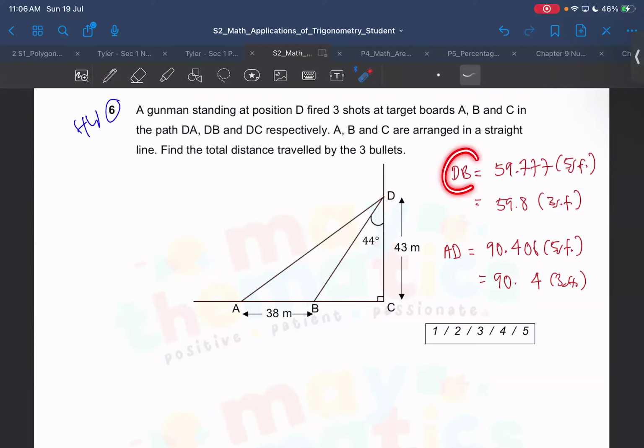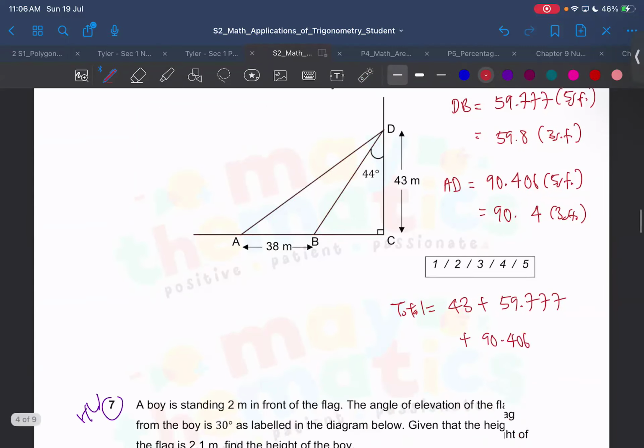Okay, so technically you only need to find these two, correct? Then after that, you want the total. Do I use 5SF or 3SF when I want to find the total of these 3 lengths? 5SF, because this is still your intermediate step.